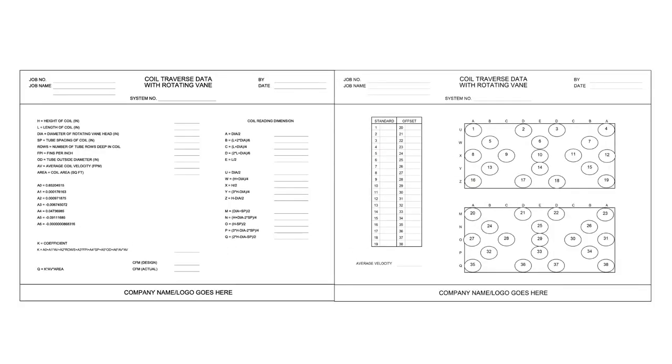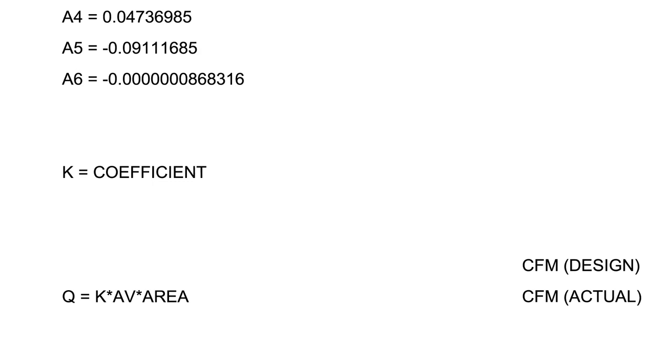The coil traverse data with rotating vane form was developed to calculate the coefficient algorithm represented by K, known as the K-factor. The K-factor is automatically calculated using the following formula.